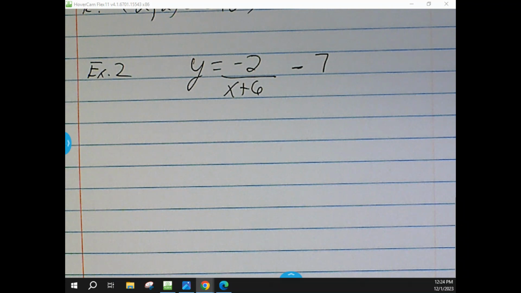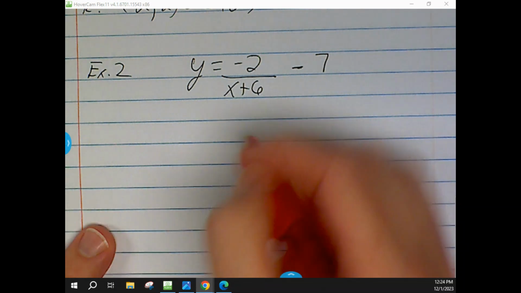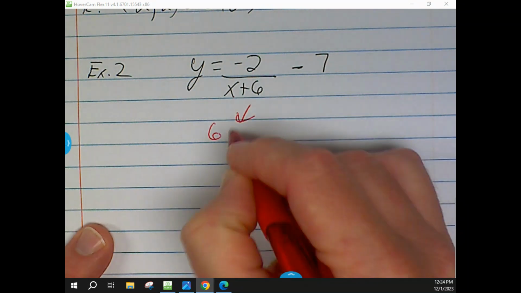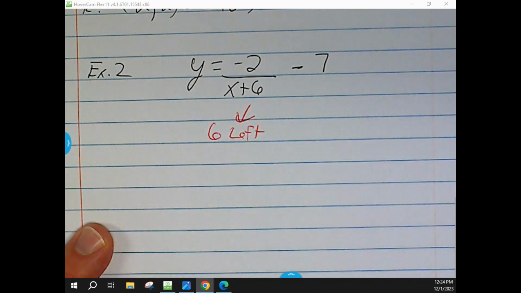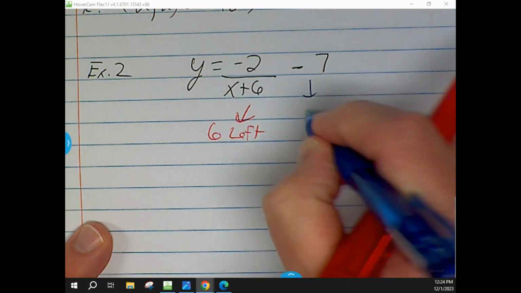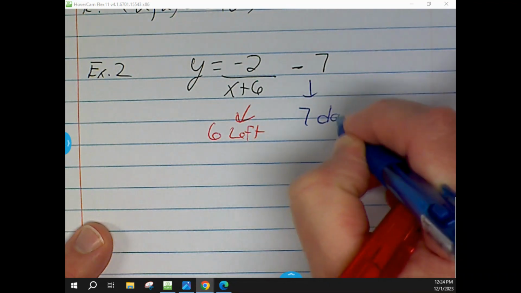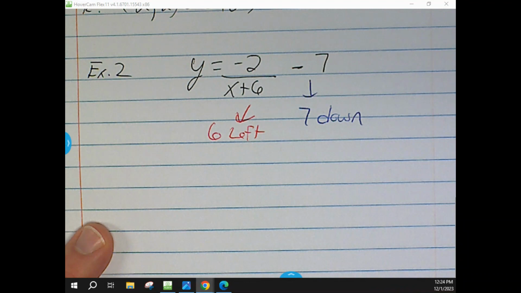And again, the very first thing before we do anything at all, we need to know which way we're moving this, which way the translation is going to go: up, down, left, right. All right. So what's the 6 going to do? Which way are we going with the 6? 6 to the left. There you go. The minus 7 means we're going to go 7 down.